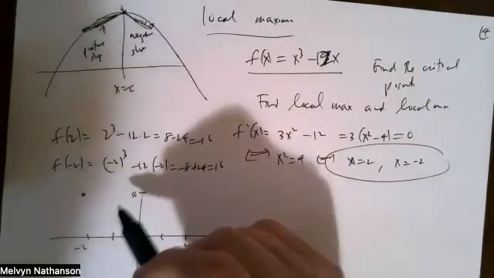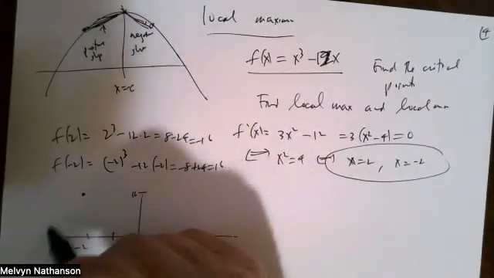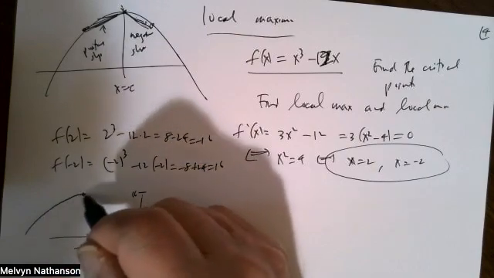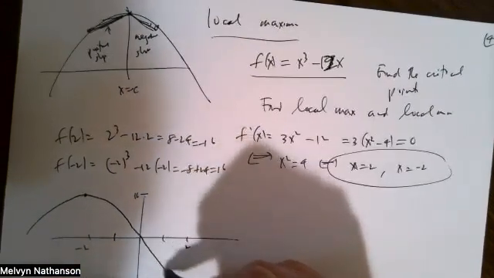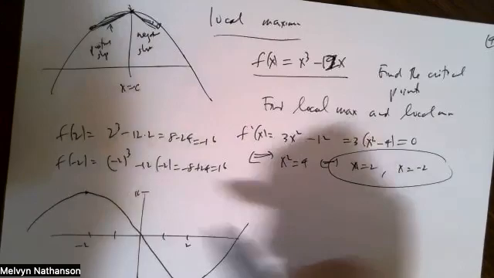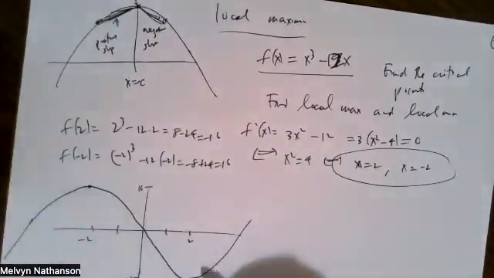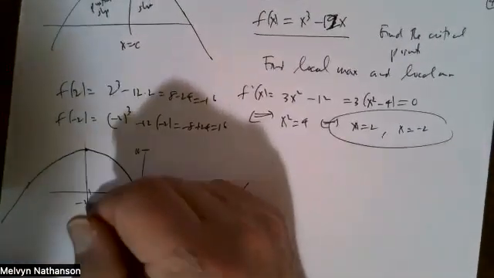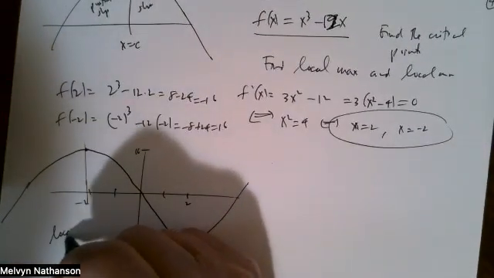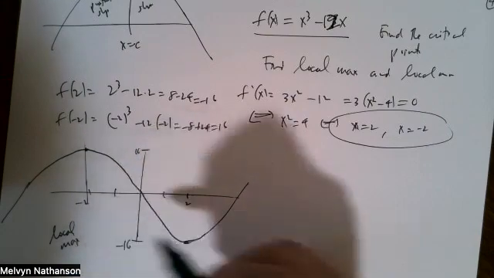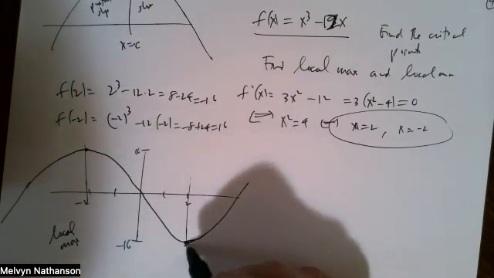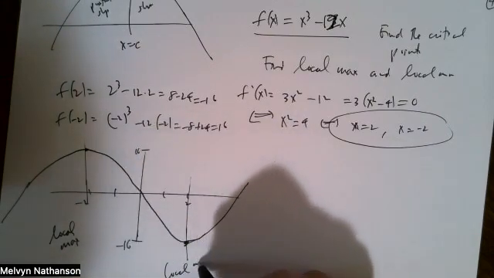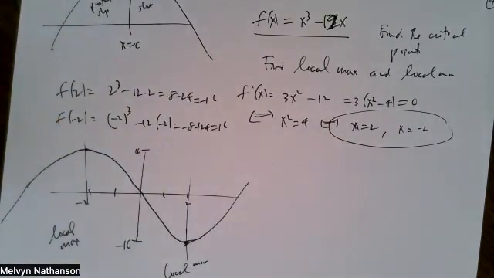And this, in fact, is a local maximum. And this is a local minimum. The graph of this curve has a shape that looks like that. Here, local max. Here, local min.